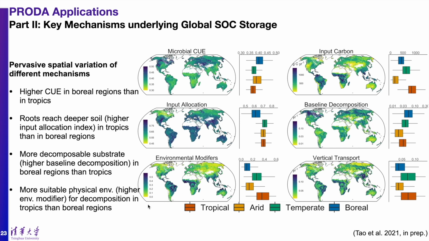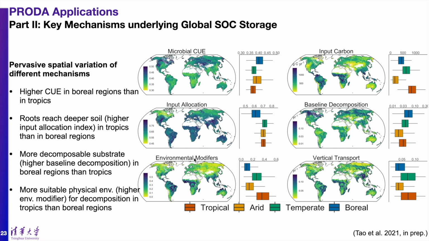But at the same time, the real decomposition rate is also regulated by the physical environment. The environmental restrictions on decomposition in boreal regions are much larger than in tropics, as shown by the lower environmental modifier index. At the same time, all the mechanisms present spatial variability.